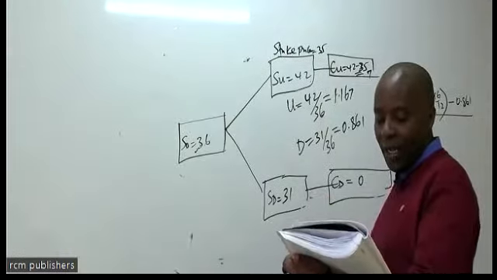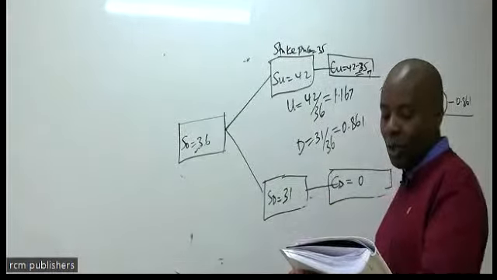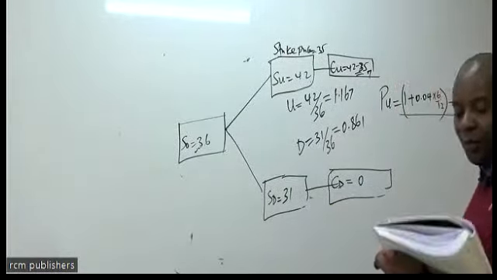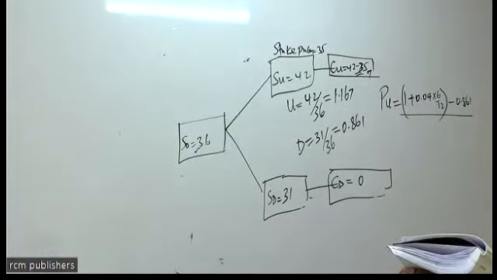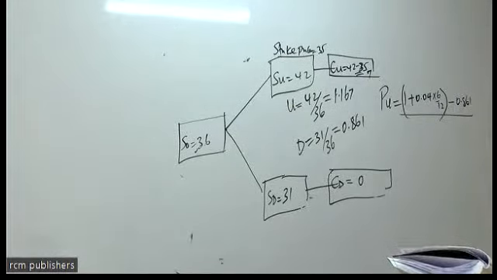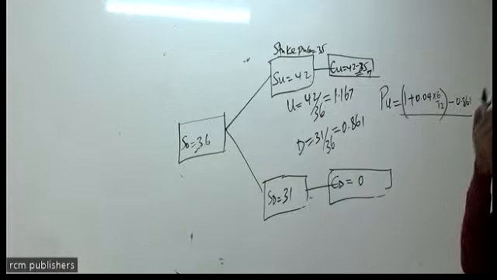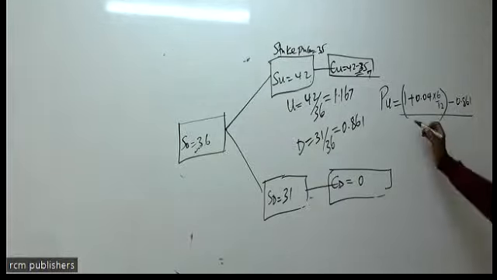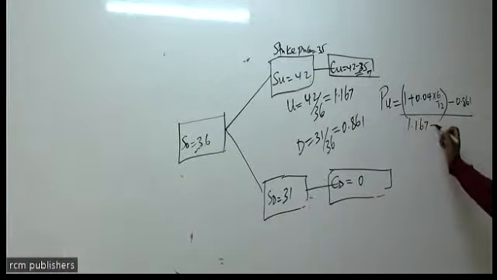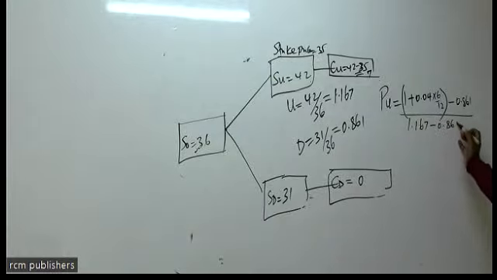It is given there. Calculate the current market price of a call option on the above stock if its term to expiration is 6 months and its strike price is 35. So 35, all over U minus down. So 1.167 minus down of 0.861.